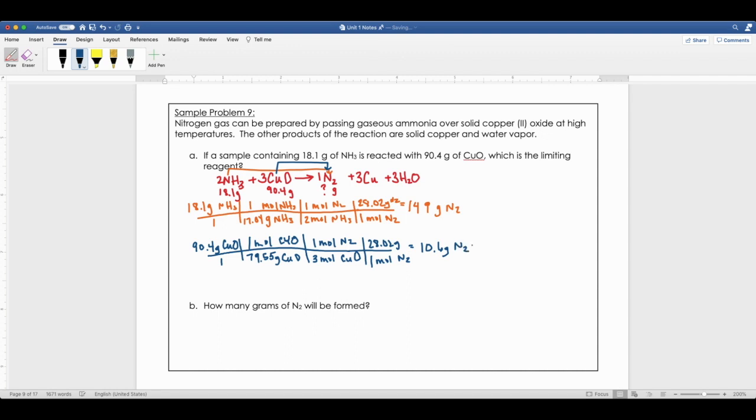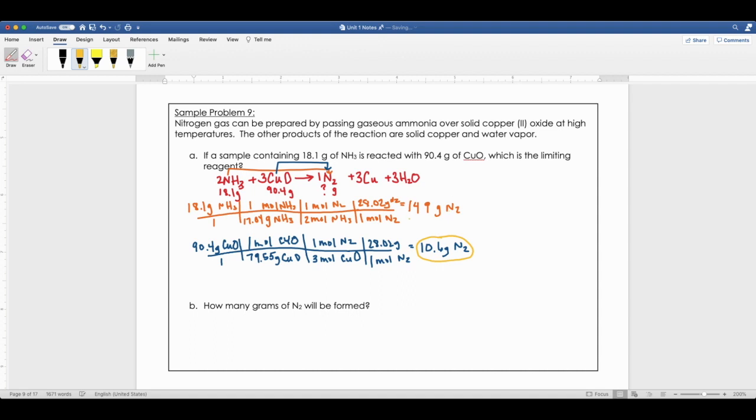So holy moly, that's a big difference, right? It looks like that 90.4 grams of copper 2 oxide produces significantly less nitrogen than that 18.1 grams of ammonia. So in this case, your limiting reagent is going to be the copper 2 oxide. So I'm going to circle this.